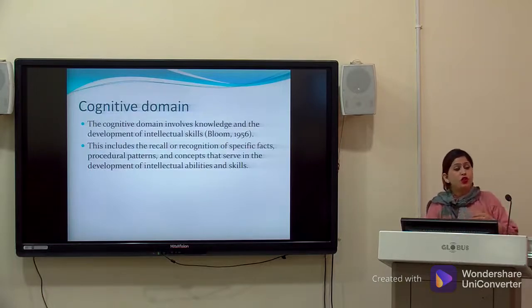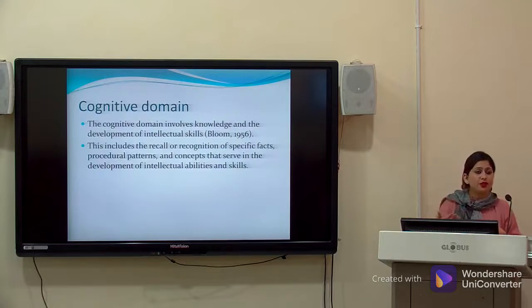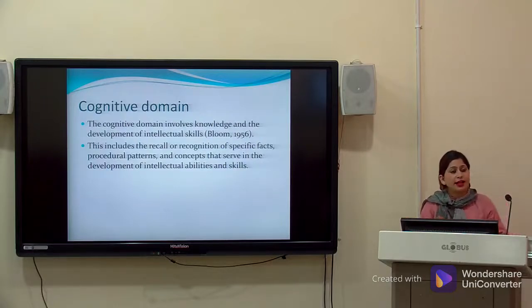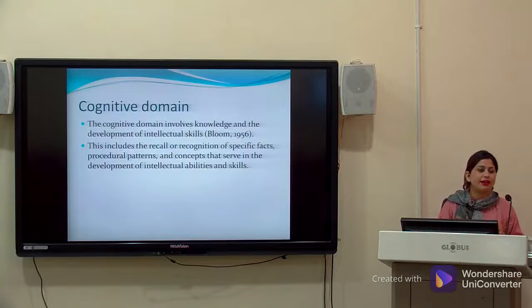So in the cognitive domain, there are three lower levels in the hierarchy. The first is knowledge. When it was revised in 2001, knowledge is now called remembering. Then it's understanding, comprehension. Then it's application. The three lower levels in the hierarchy.